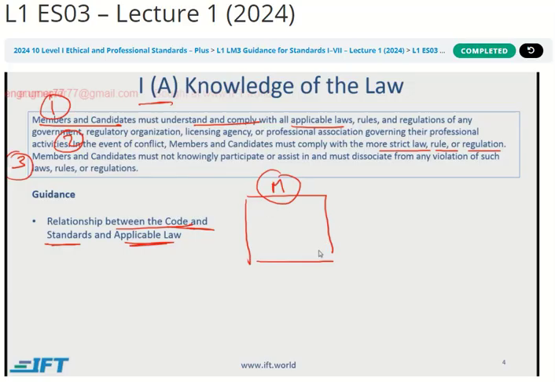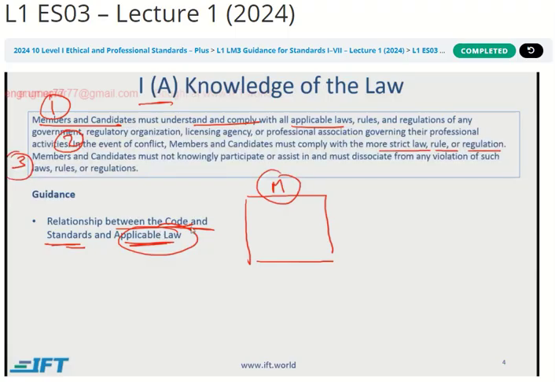So clearly, the laws of Malaysia related to investments and investment advice and investment research will apply to you. That then is the applicable law for you as someone operating in Malaysia. Given that you have also signed up for the CFA exam, you are now a candidate, so the code and standards also apply to you.